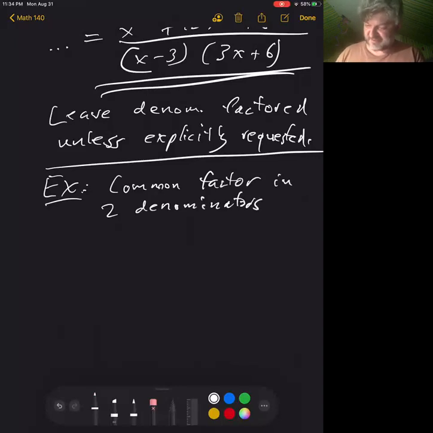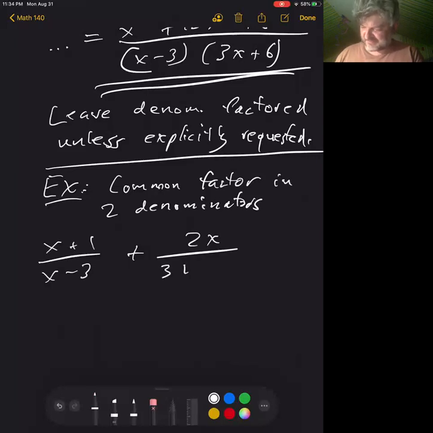So let's look at x plus 1 divided by x minus 3 plus 2x divided by 3x minus 9.